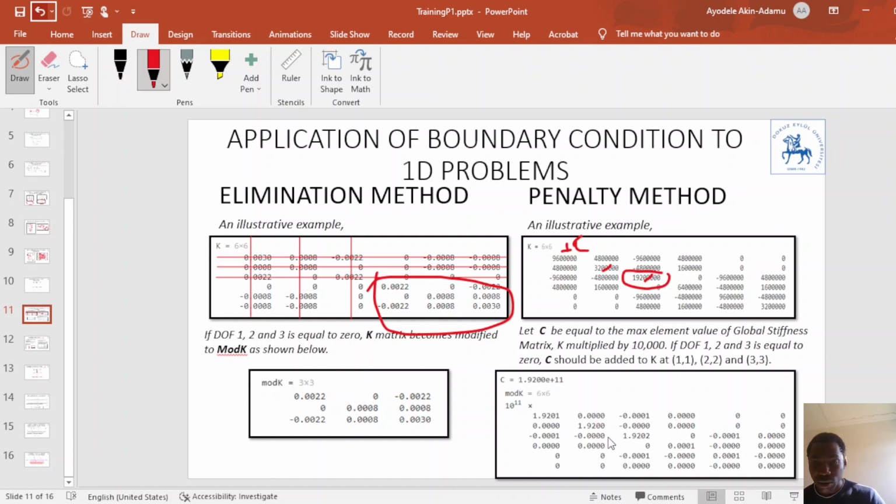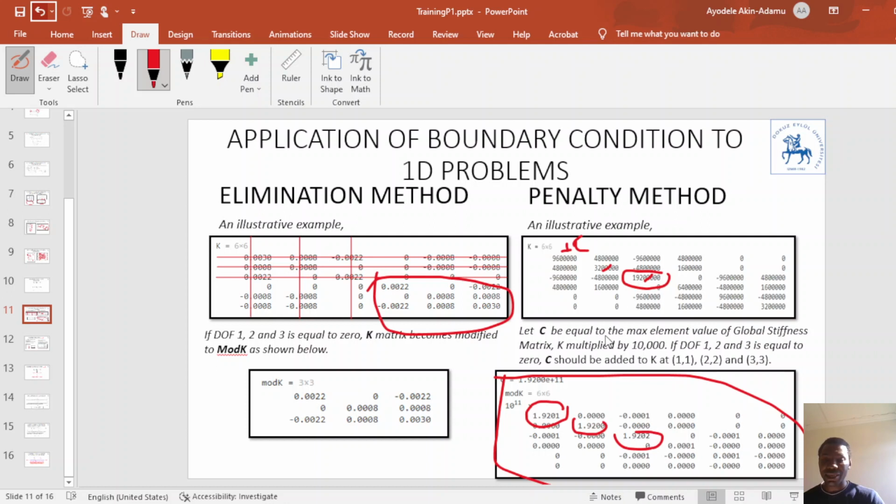That is why this is the modified matrix here, and you see 19.2 times 10 raised to power 11 is added here, and it's also added here.